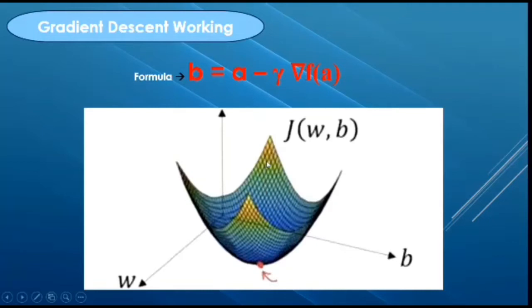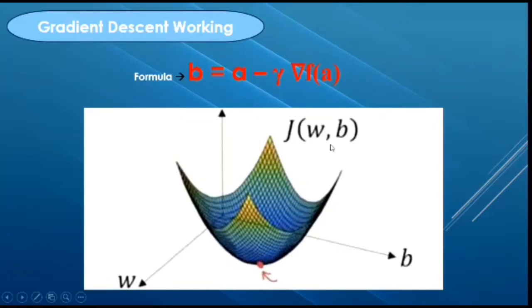The reduction of error is possible by going in the right direction of the slope. Let's say the ball starts from here and keeps on rolling towards the bottom of the slope, which is nothing but the global loss minimum. When it reaches the global loss minimum, which means the lowest error, we find the optimal set of weights and bias.